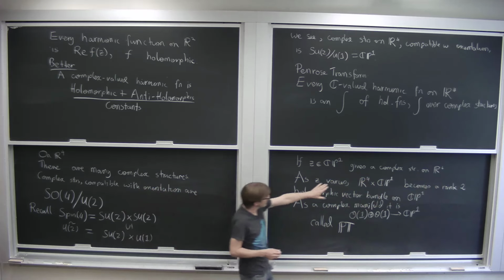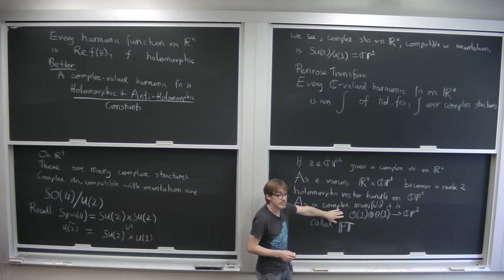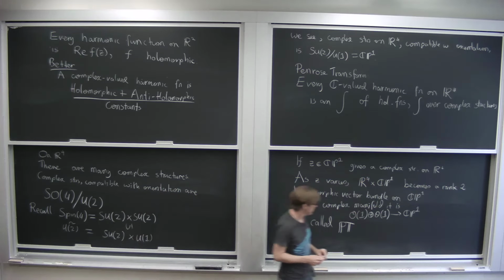As a real manifold, it's R4 times CP1, but as a complex manifold, it looks like this. We can see why it looks like that in a second.